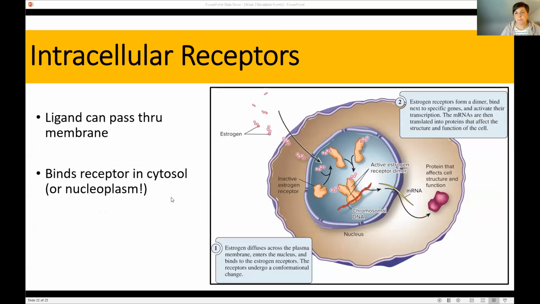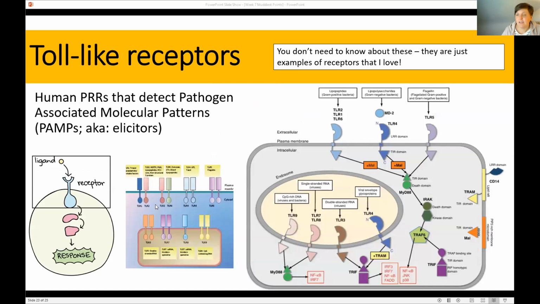If you remember, elicitors were components of bacteria or viruses that were interpreted by the cell and elicited a cellular response. In the lecture, we talked about the production of nitric oxide and hydrogen peroxide, or even necrotic spots, which would be cell death. Your cells have a very similar ability to detect elicitors.